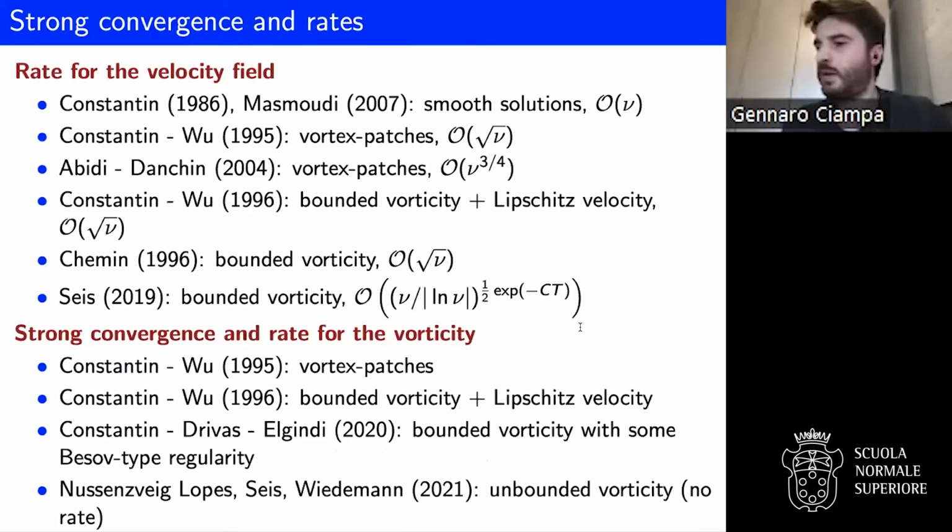Okay, there is a huge literature about strong convergence and rates both for the velocity and for the vorticity. Let me just say a few words on these last two papers. The first one is a result of Constantin, Drivas and Elgindi, which somehow inspired our analysis.